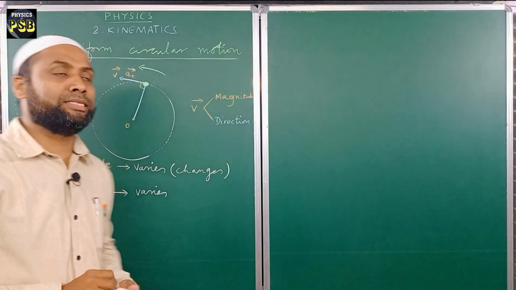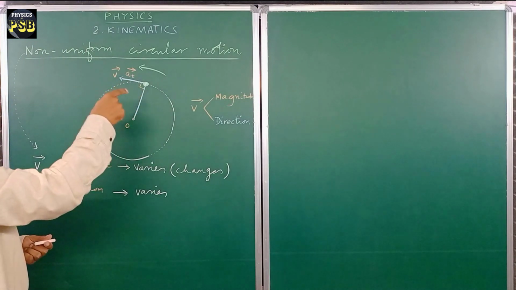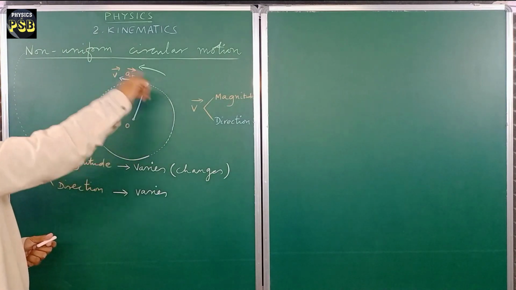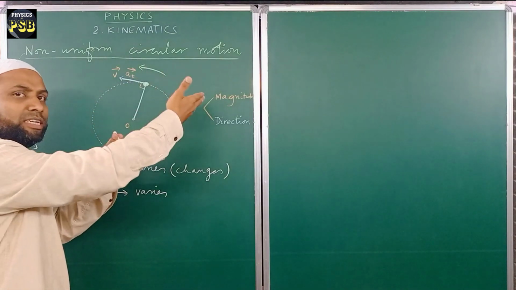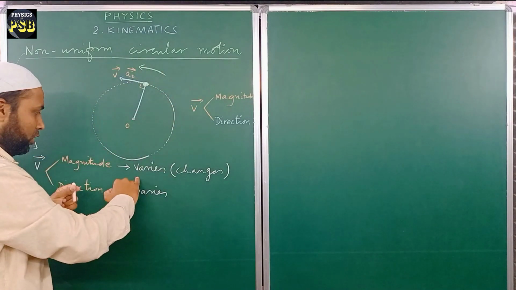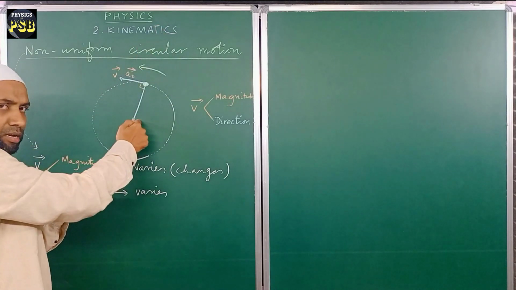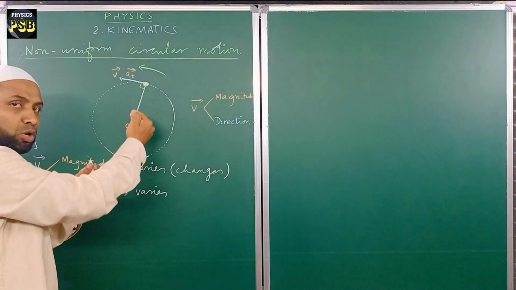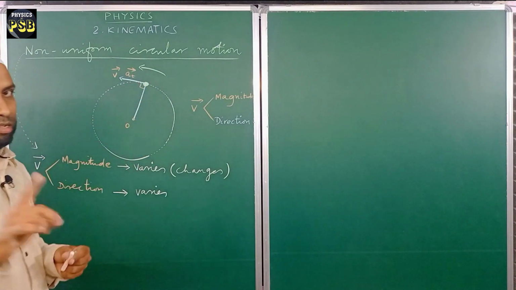In such a case, the object will not move in one particular circle. Now, if the magnitude of the velocity increases, it will move away from the center. If it gets slower, if the magnitude reduces, it will come close to the center. This kind of thing will happen.